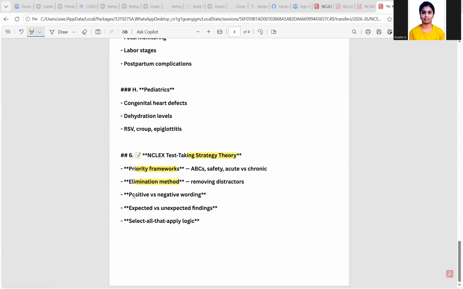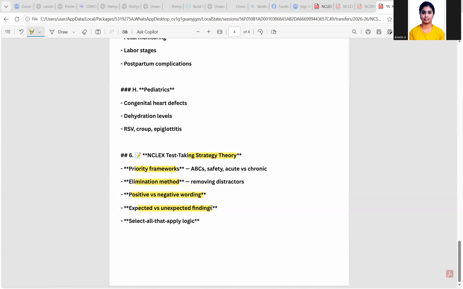Okay, and positive versus negative burden, that I have already said previously, that sometimes the negative sentence will be the correct answer, so we should identify and read the question clearly. And expected versus unexpected findings: some options will give a finding that can be the expected finding. For example, an appendicitis patient is complaining of pain 8 out of 10, that may be the expected finding.